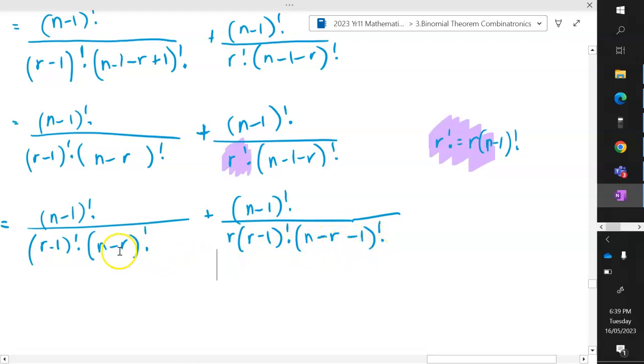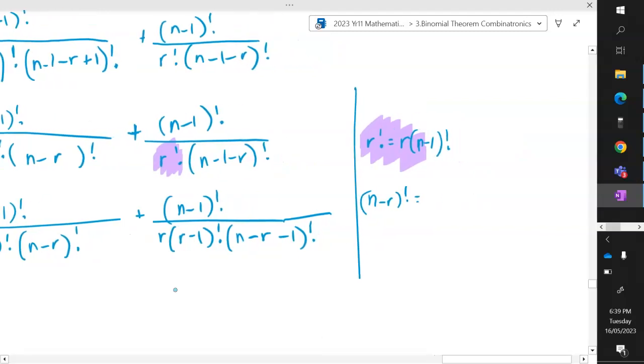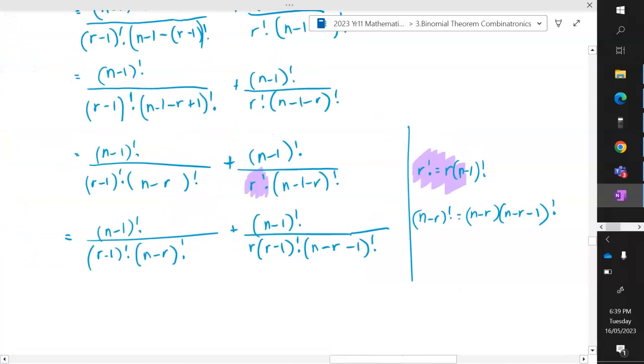So if we think what n minus r factorial is, let's put this as a little aside, n minus r factorial is actually n minus r times n minus r minus 1 factorial. So I'm going to fix that one up as well, and pop that in there as n minus r times n minus r minus 1 factorial.